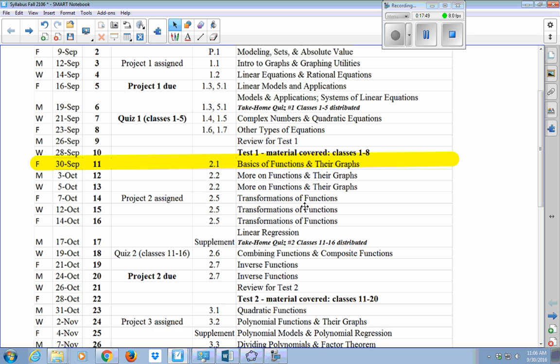If you're thinking about taking an extra long weekend, I would really discourage you, because you see transformation of functions is an entire week of class time, which means this is pretty critical, and it gets very complicated. It starts off okay, and then it can get really complicated. So you do not want to miss one of these classes if you can absolutely help yourself. You really want to be here for those classes.